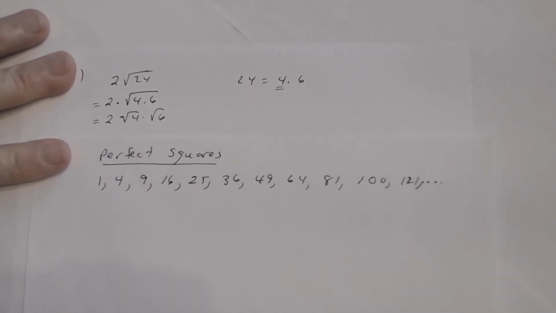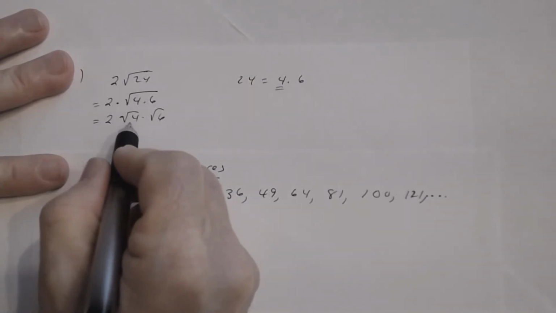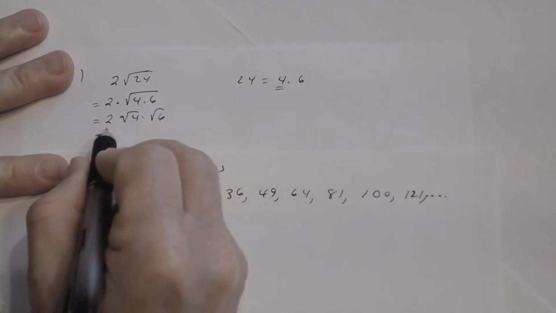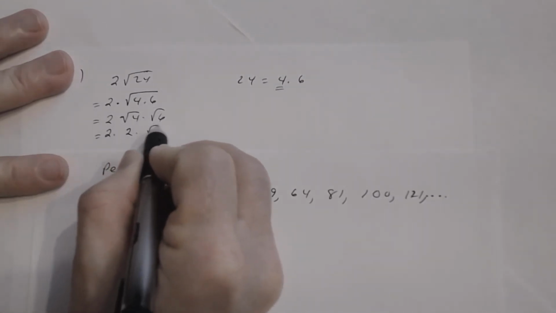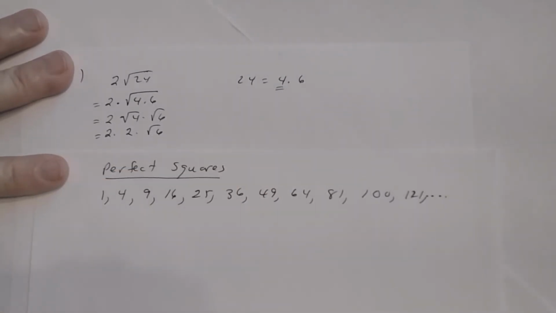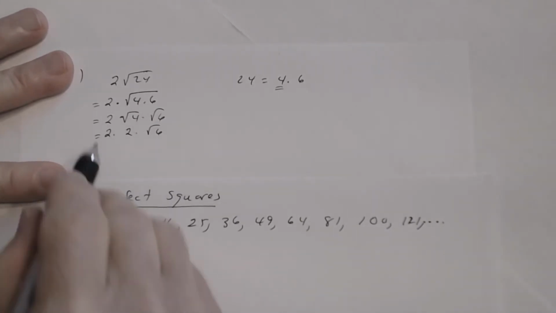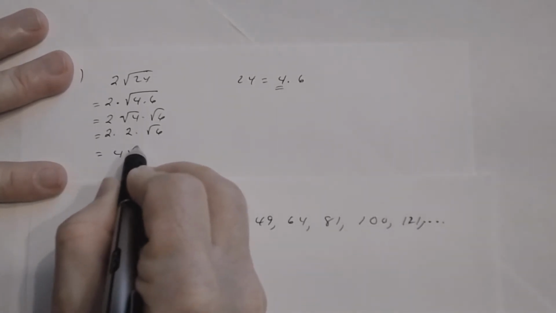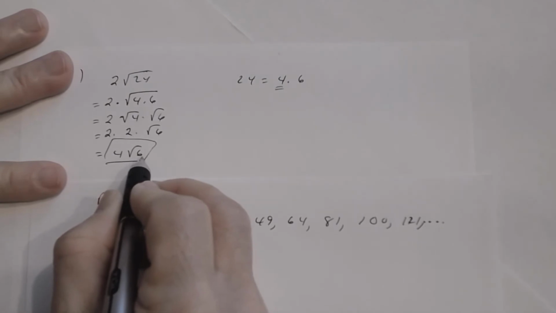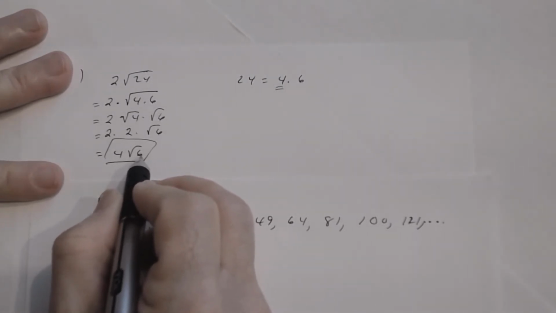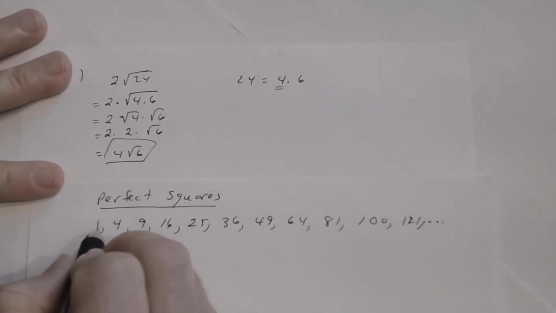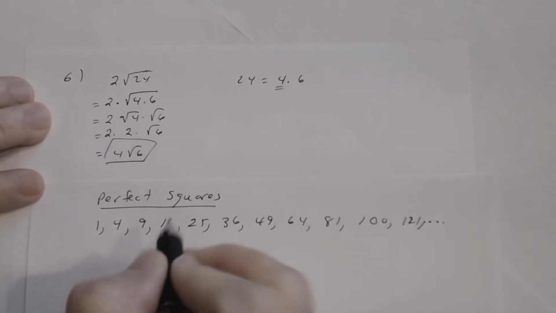The square root of 4 is 2, so I get 2 times the square root of 6. Therefore the answer is 4 square root of 6, because 2 times 2 is 4. That's the answer, and it's simplified because I can't simplify the square root of 6 any further. The only perfect square that goes into 6 is 1. All right, so that's number 6.